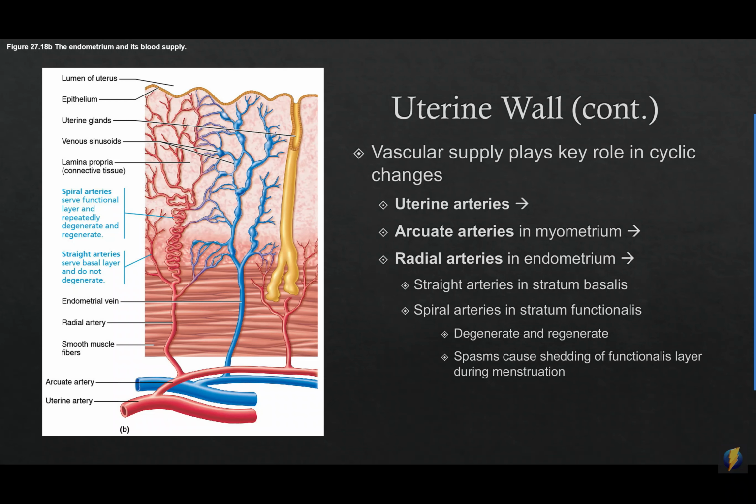This shedding of the endometrium is in large part driven by hormonal changes, but particularly the way the vascular system is set up in the endometrium. So here you can see the uterine artery, again branching off of the abdominal aorta.